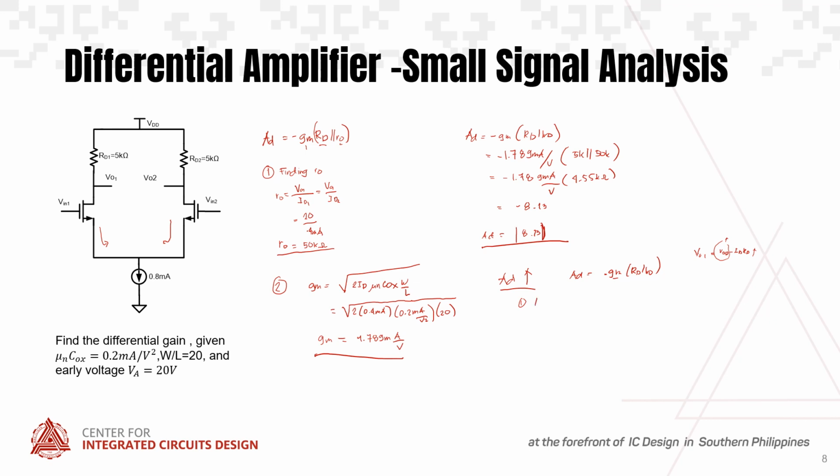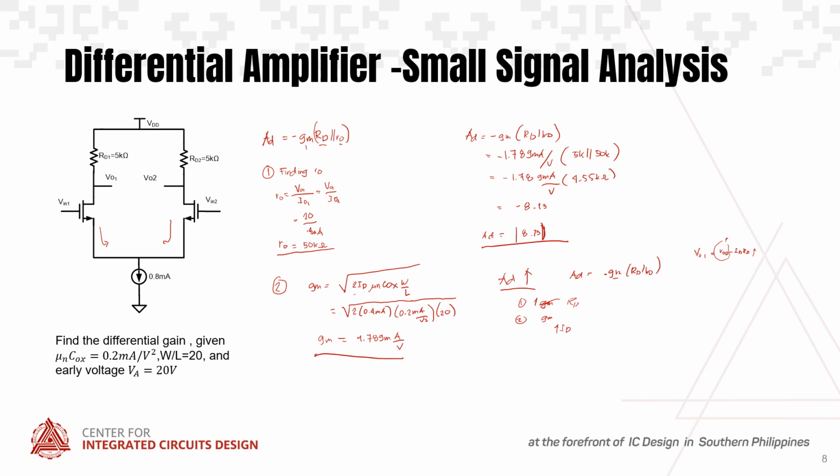That is, first, increase RD. Second is to increase GM. And the formula for GM is, we all know, square root of 2 ID mu n COX W over L. So there are two ways to increase the GM, as you can see in this formula. First, we can increase ID.